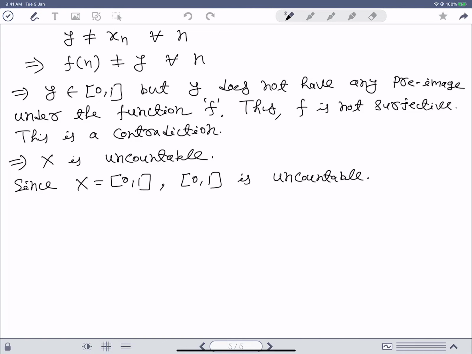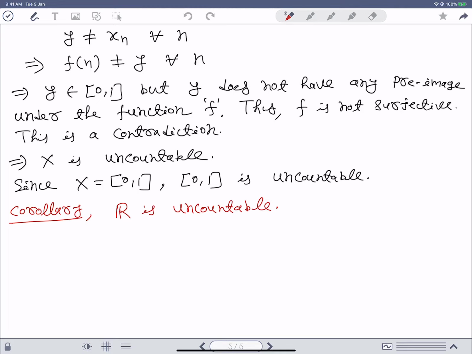Fine. Now from this we have a trivial corollary that R is uncountable. Why is R uncountable?